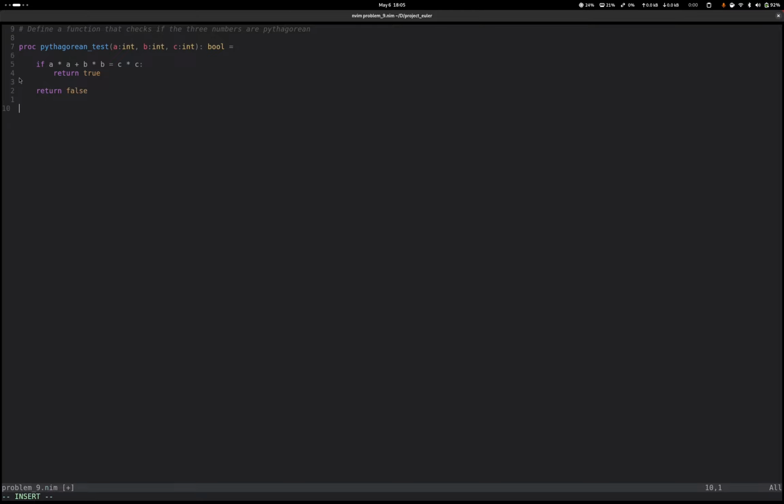So take three numbers, and if a squared plus b squared is equal to c squared, say it's Pythagorean, else it's not.